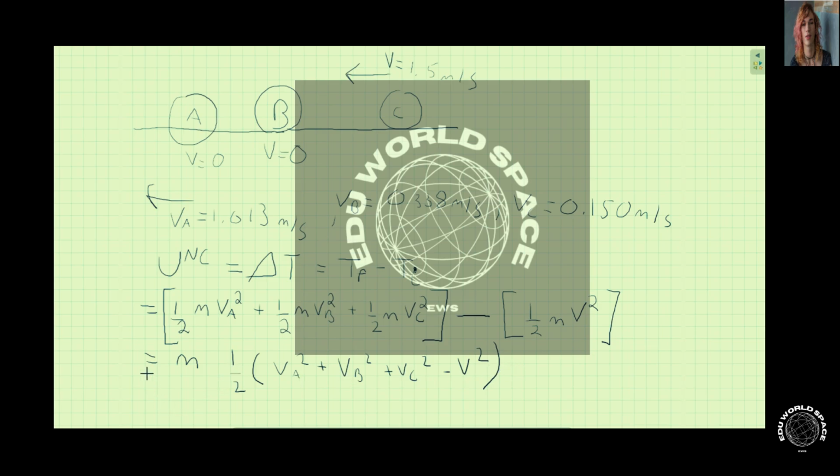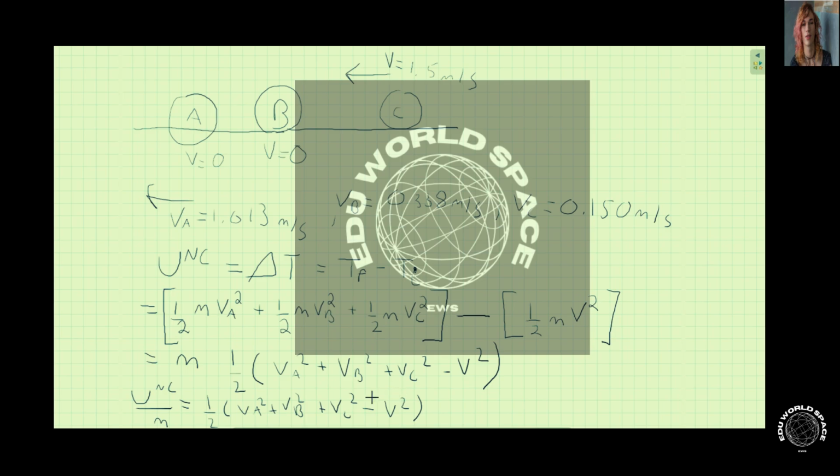So in the end, what I have is that the energy loss per unit mass is given by 1/2 of the final velocities all squared and added together after all the impacts have occurred, minus the initial velocity of car C squared, right?